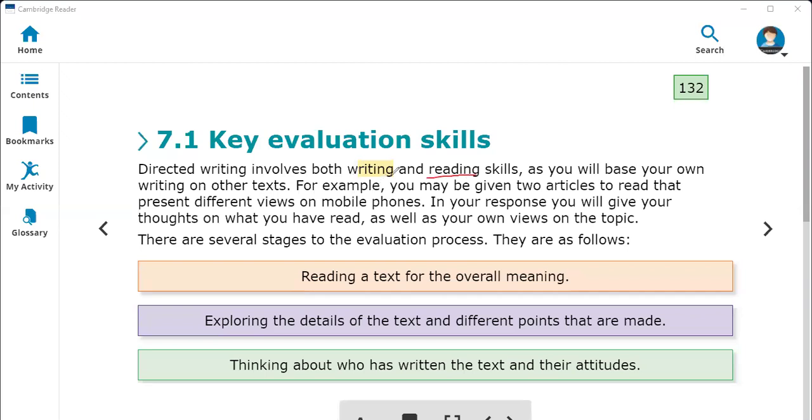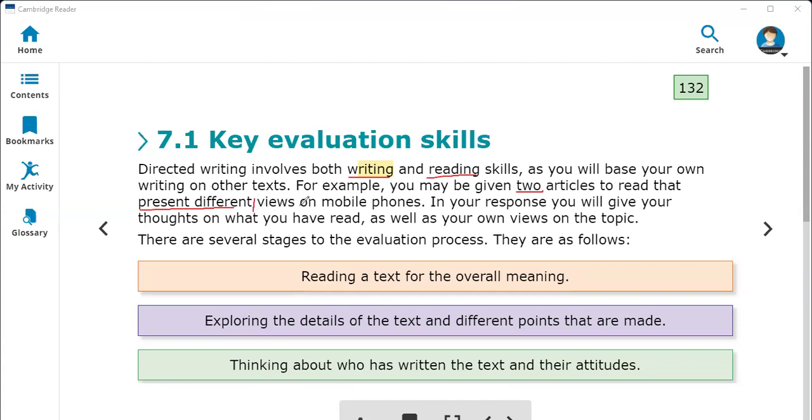Reading skills, because you will be given different texts to read. You may be given two articles to read, and after reading those articles, you will see that they may present different viewpoints. You must have seen from practice so far that the texts you use to write your directed writings have mixed viewpoints.